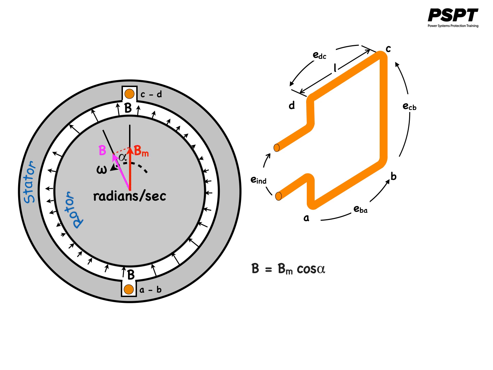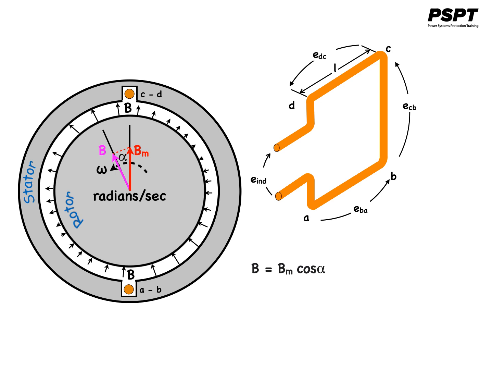B is equal to B subscript M, the maximum flux density, times cosine of alpha, which will be negative for alpha greater than 180 degrees. The flux density vector pointed in towards the rotor.